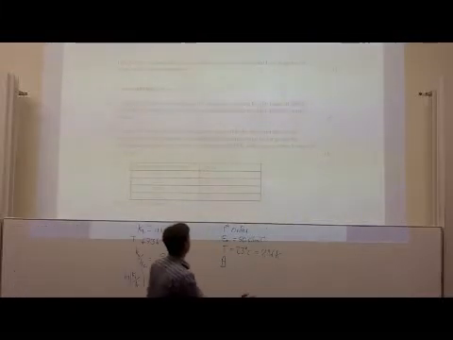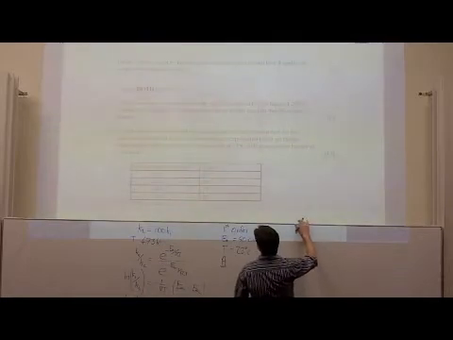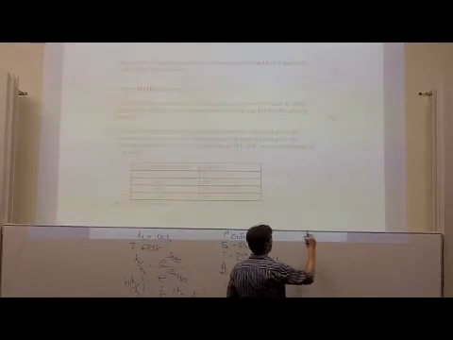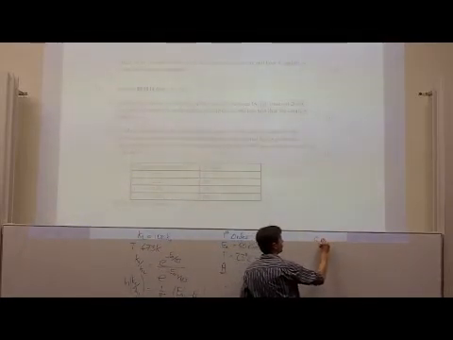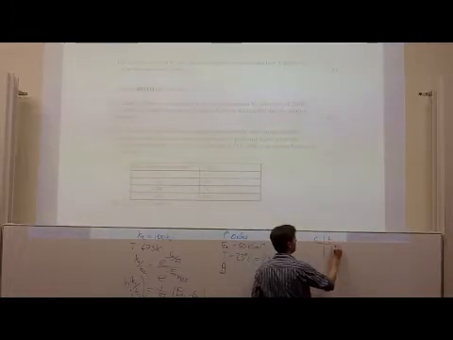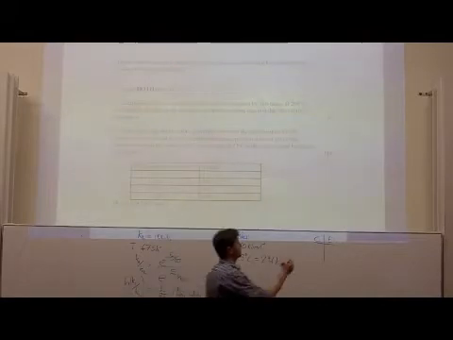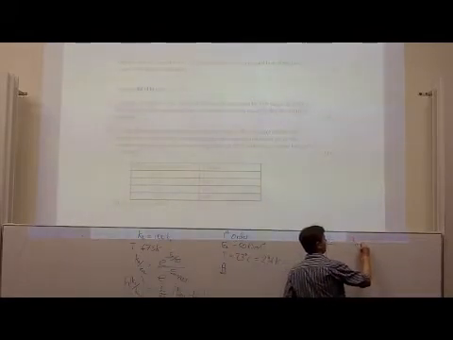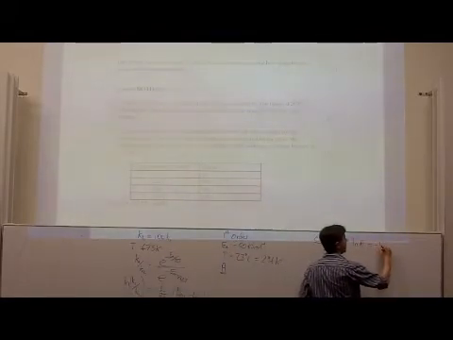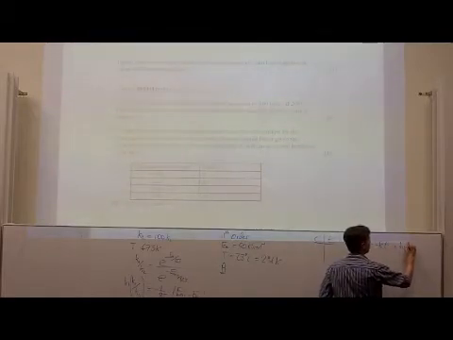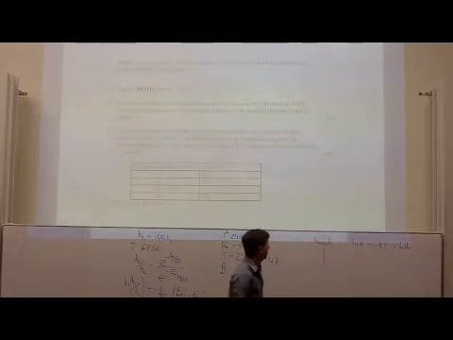Okay, well, if we draw, we know it's first order, we've got a concentration versus time table. If it's first order, then we know that the log of the concentration is equal to minus kT plus the log of the initial concentration.